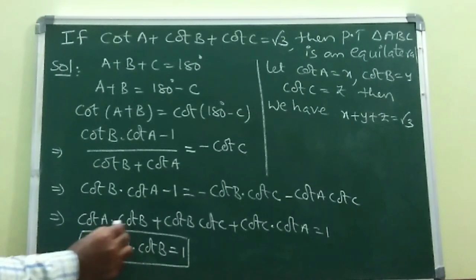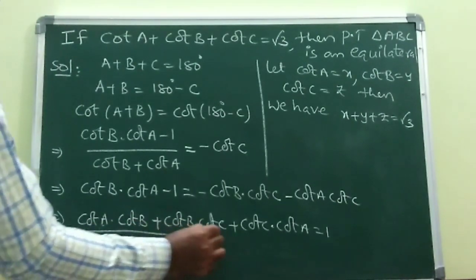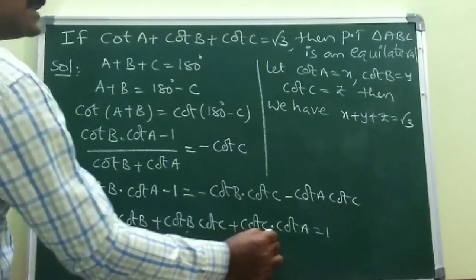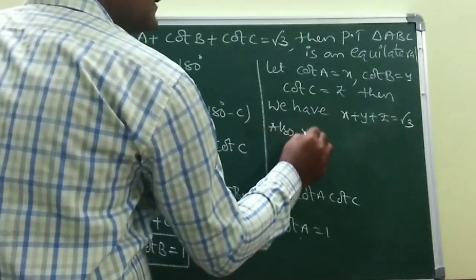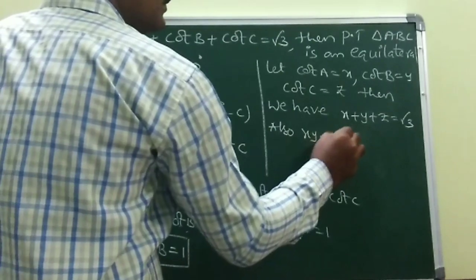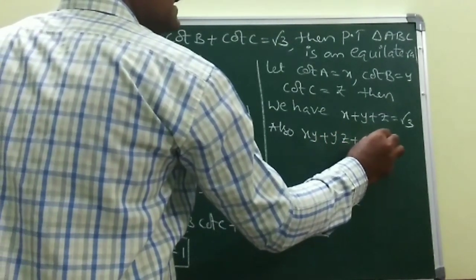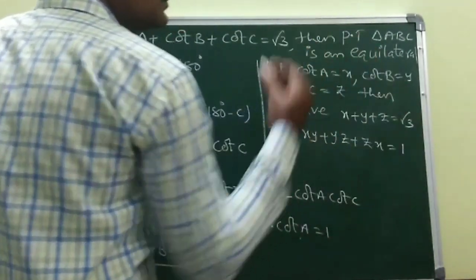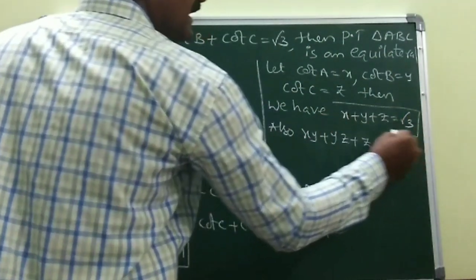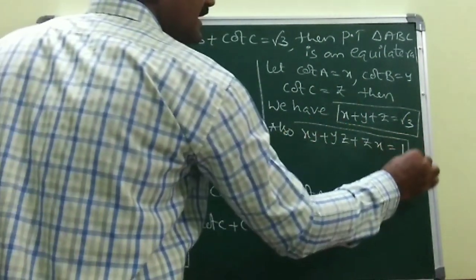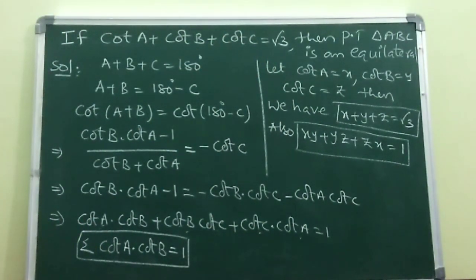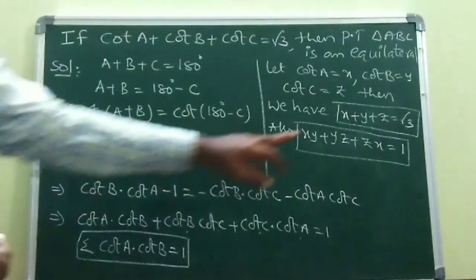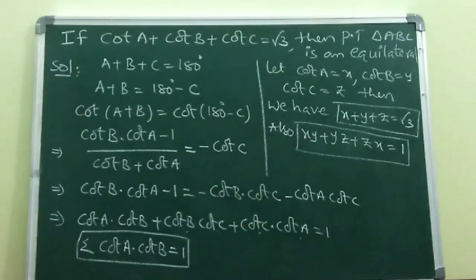And also we have that X into Y plus Y into Z plus Z into X is equal to 1. So we have two relations here, two standard notations. Please remember these two results, which are helpful for further solving.